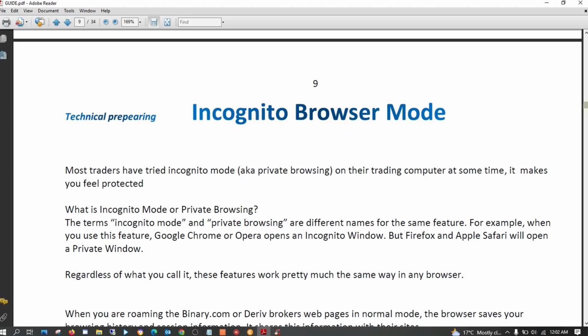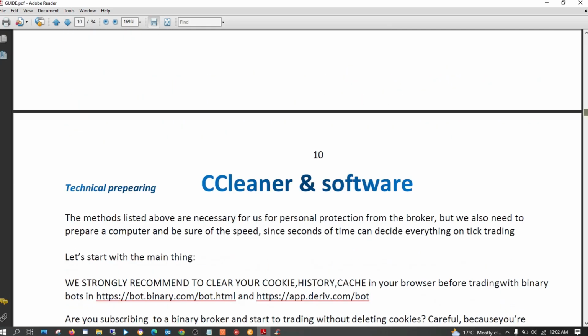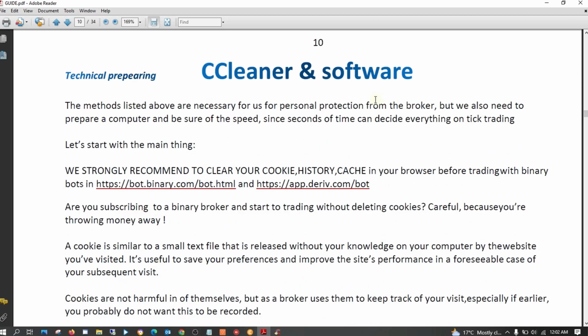Today we are going to see CCleaner and the software. Most of you know about CCleaner. It's a very old software that you use to clean your computer.